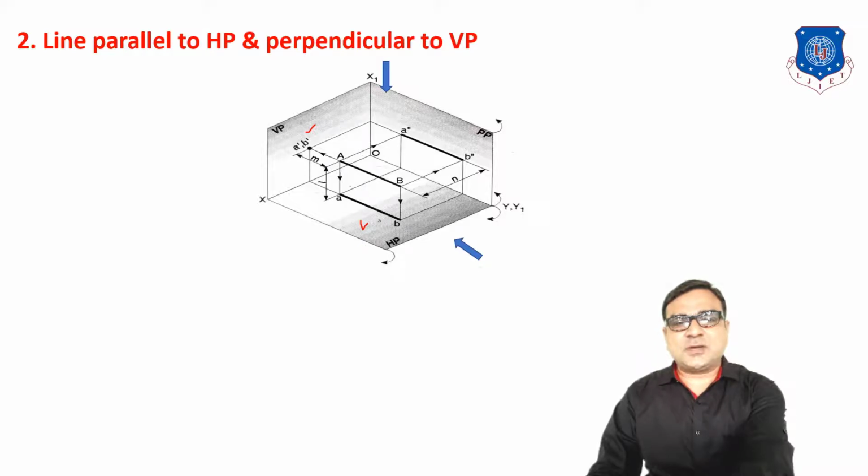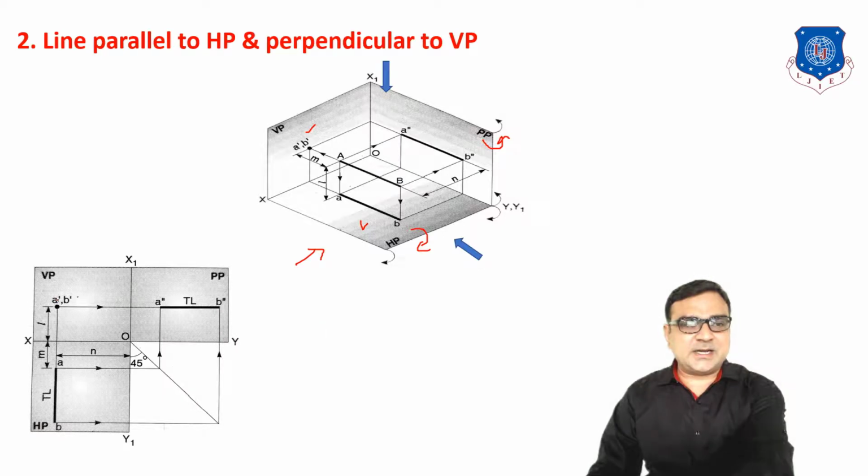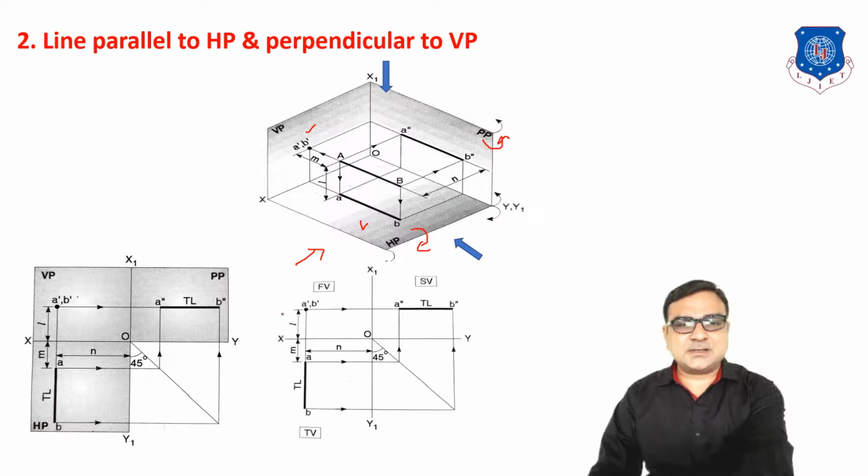The length of small ab is the true length, and the left hand side view of the line on the profile plane is A double dash B double dash. If you incline this horizontal plane clockwise 90 degrees, and for the profile plane, you will get this type of projections: A dash B dash front view, AB top view which is the true length, and the left hand side view a horizontal line A double dash B double dash. So these are the projections: front view, top view, and side view. By using 45 degrees, you can find the left hand side view.